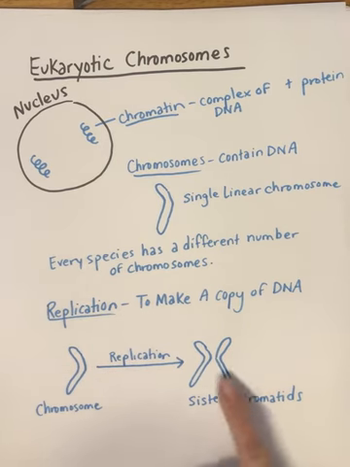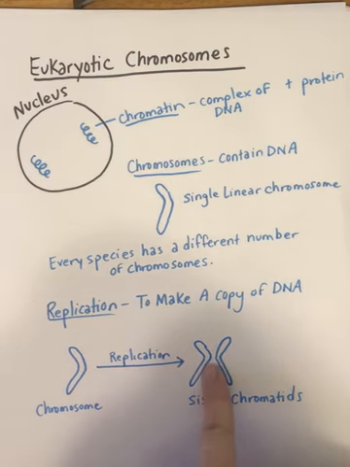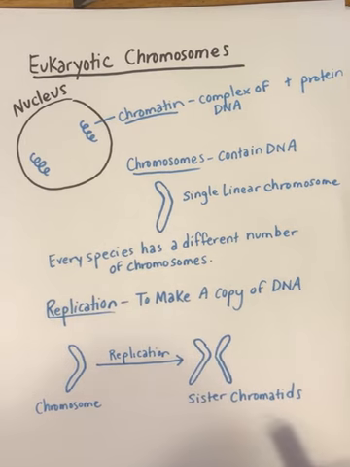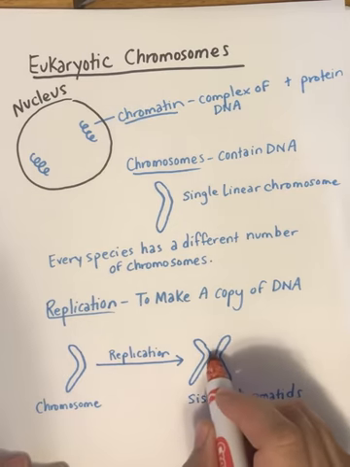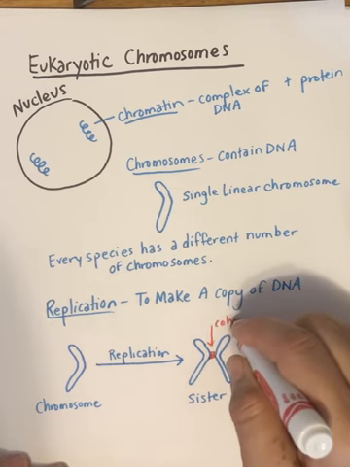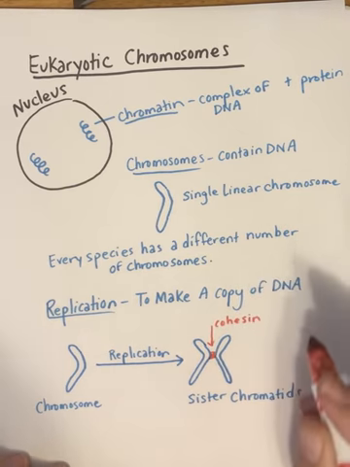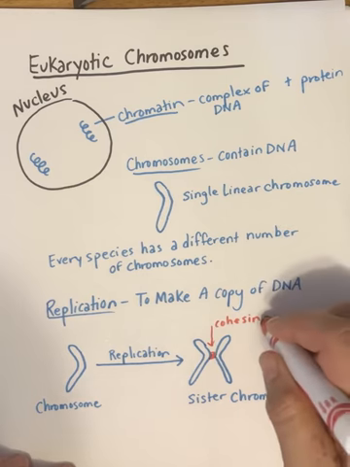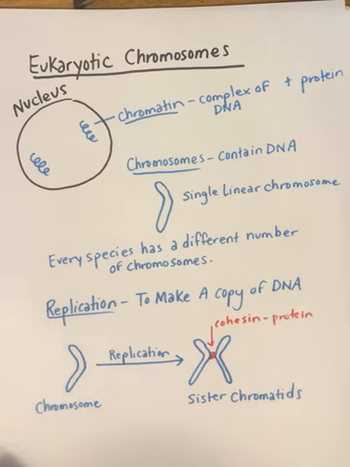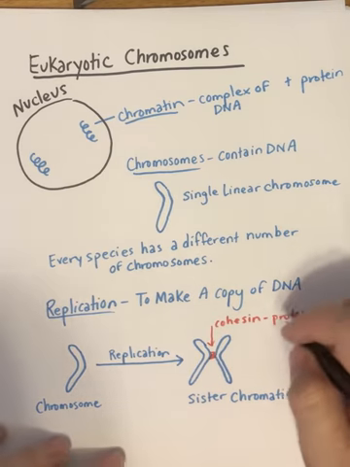Now, inside here, they have to be connected. So we're going to talk about the proteins that connect your sister chromatids. The protein that connects sister chromatids right here is called cohesin. This protein is going to connect your sister chromatids.